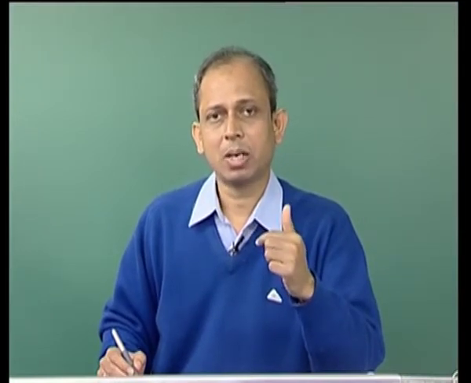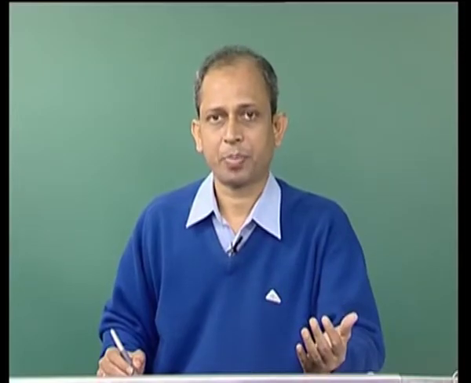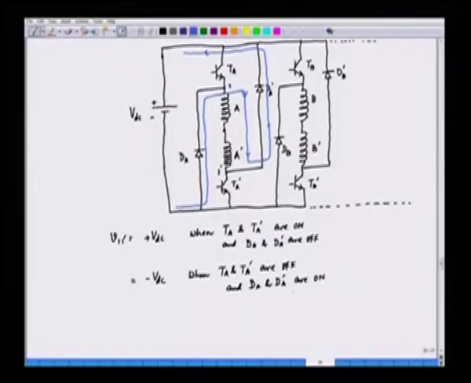So, as a result, what we have in this case is a negative voltage applied across the winding. If we see here, 1 is now connected to this diode, which is on. So, DA is on here. So, 1 is connected to the negative power supply. So, if you say that this is the one terminal, this terminal is the same as this terminal, negative.